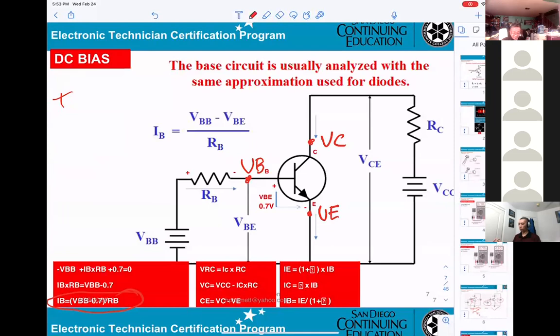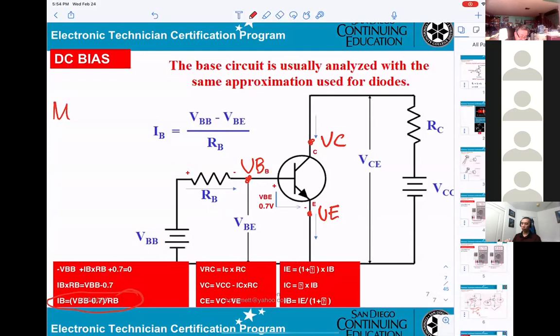Okay, when we set I want VB, can you tell me what VB equals from this problem here? 0.7. Exactly.